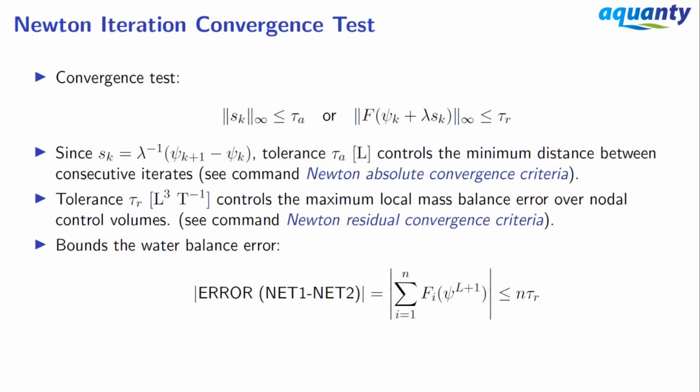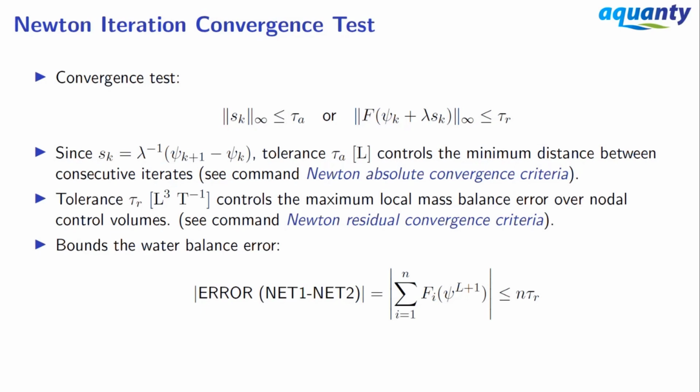So typically, this would be the convergence criteria that you want to satisfy to ensure that you're achieving a small mass balance error. And the residual tolerance also bounds the water balance error, which is shown by this equation here.